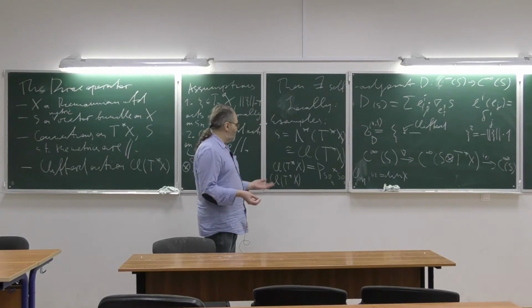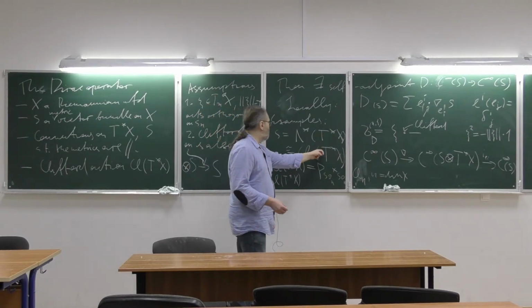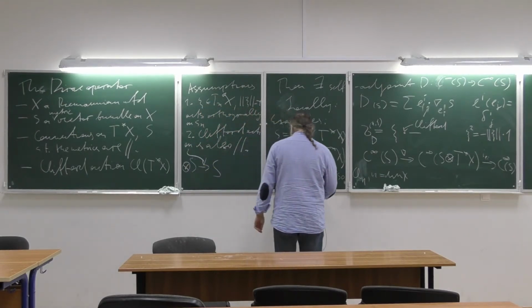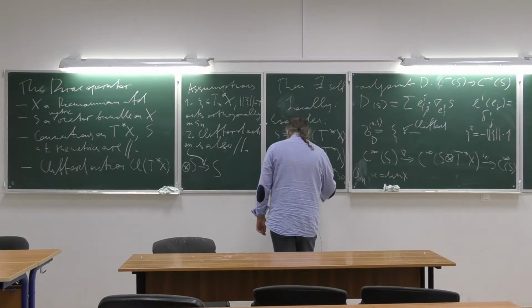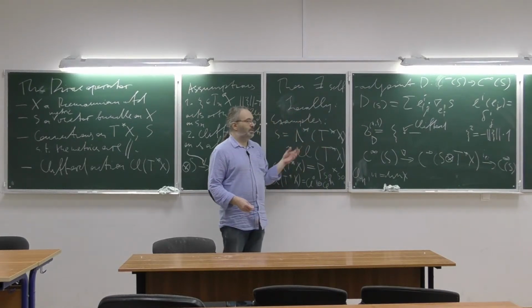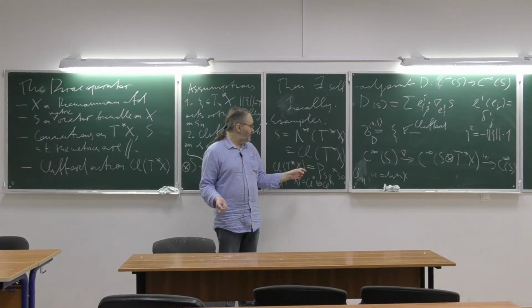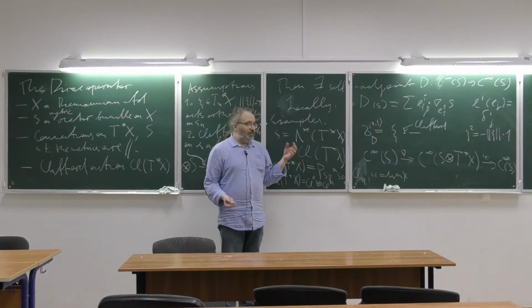And in this example, we have a decomposition of the Cl into even and odd parts, Cl0 plus Cl1. So basically, it's something we already considered when we talked about the de Rham operator.